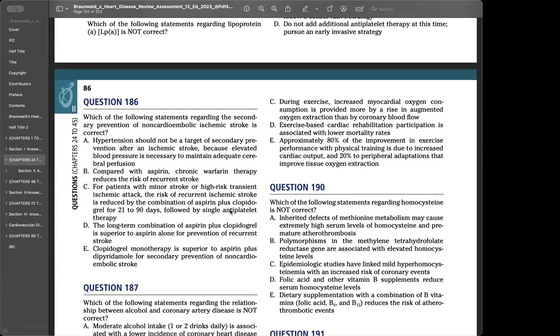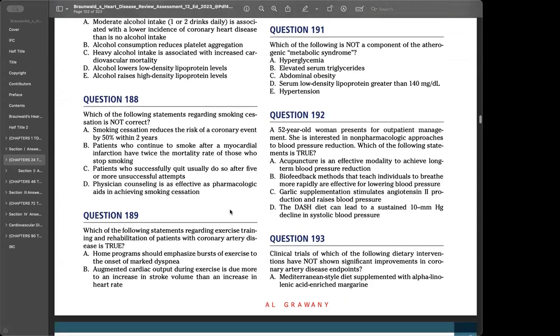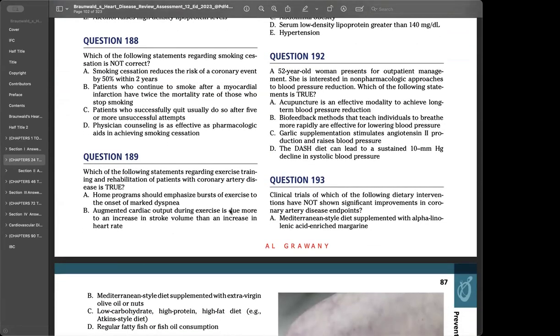So, can you scroll to the beginning of the question? For this question, we are looking for the true option.